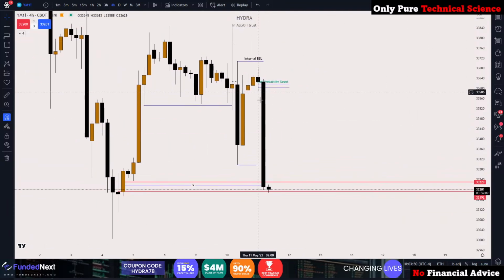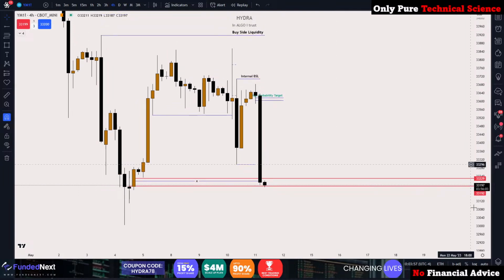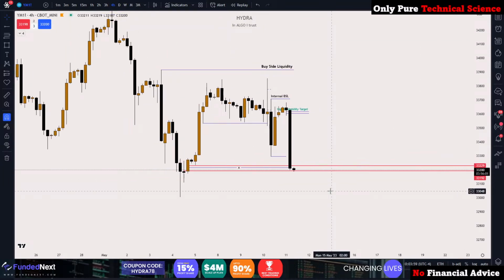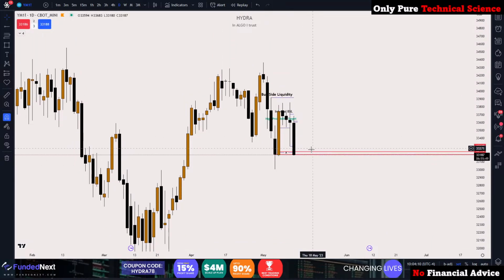A run into this unfilled fair value gap is possible, right? Now that I'm looking at the daily chart, it makes more sense to me for price to come down, take out this candle slowly, and reject from somewhere around this week.